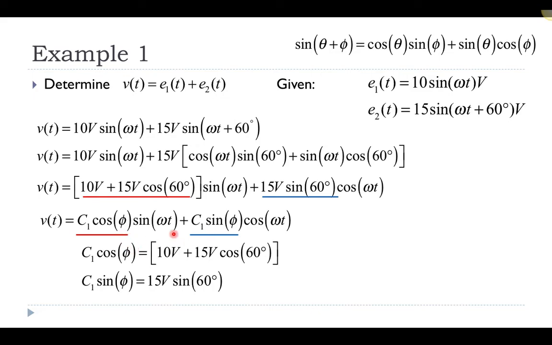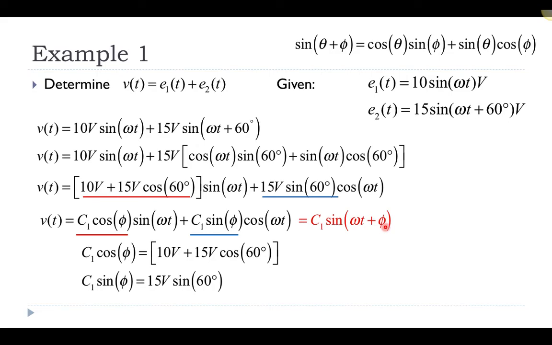And if I can manage to say that they are equal, then according to this trig identity, this total voltage is equivalent to some amplitude, C1, because I can factor out the C1, times sine omega t plus this phase shift.